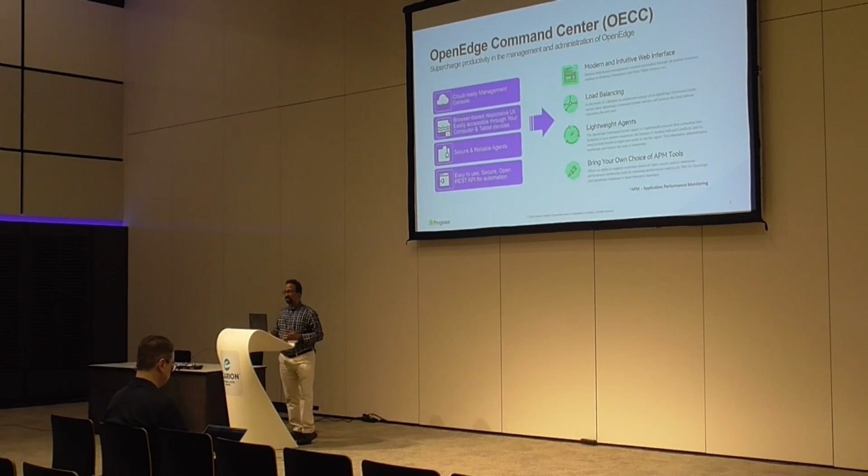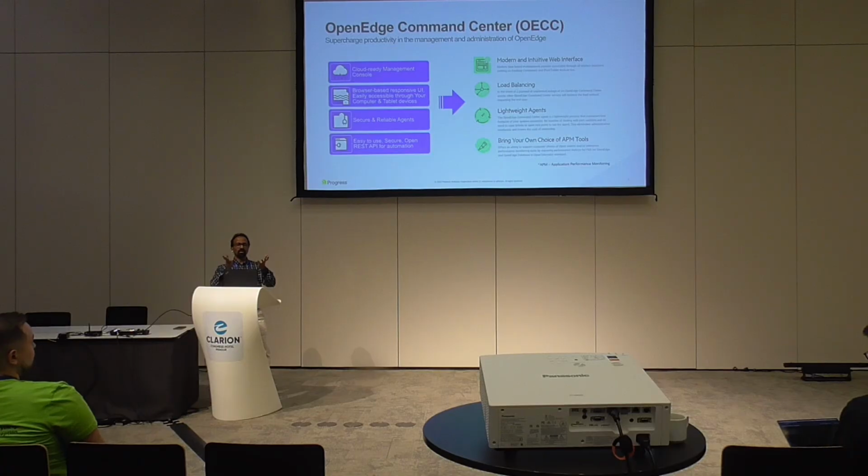But the metrics are something that we could make available through OECC. So if you are running OECC 1.2 or 1.3, you have the OpenTelemetry standard metrics that could be exposed and also fed into the APM tools. And you could establish trends and monitor.